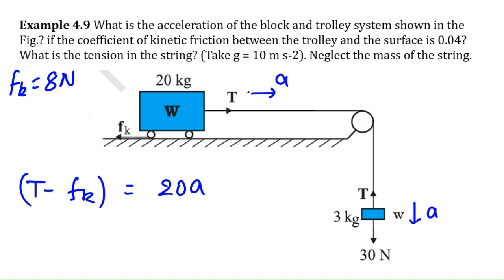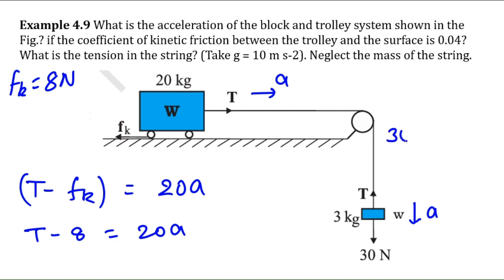Everything is expressed in SI units, so I'm not writing all those units, but at the end we will get the results in SI units. So for this block we get T minus 8 equals 20a.